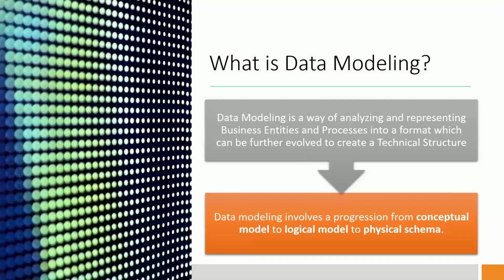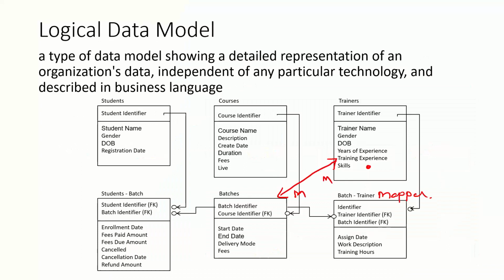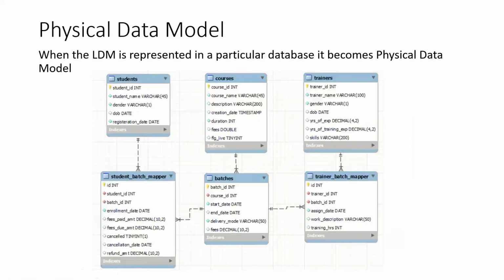Then you start blowing up, you start detailing the concept. Finally, you will now implement this structure in a database by writing DDL statements, create table, put constraints, relate one table with another. And when you actually put the structure in a database, it becomes a physical data model.